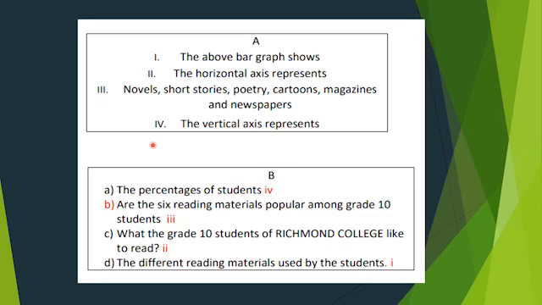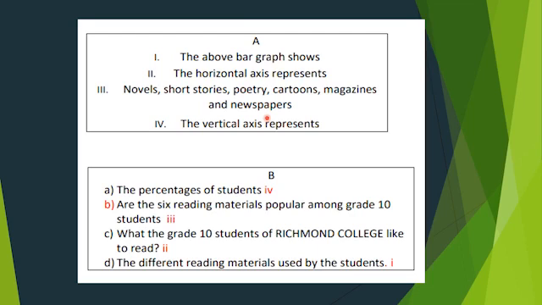After describing two axes, you should name the categories to tell what each bar stands for and also mention the total number. Sentence number 3 tells about the category. Right.